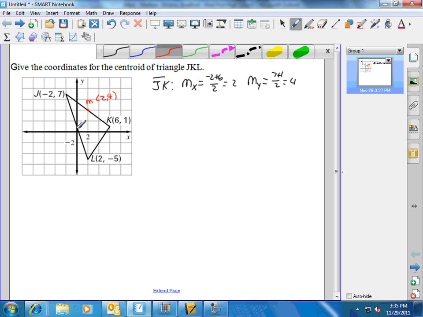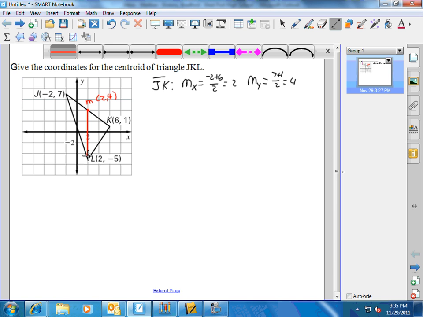Notice our scale on our x and y axis, each line is 2. So we're going 2, 4, 6, and so forth. So this is at 2 over and 4 up. Okay? Now I have a median, and I'm going to go ahead and find the length of that median.